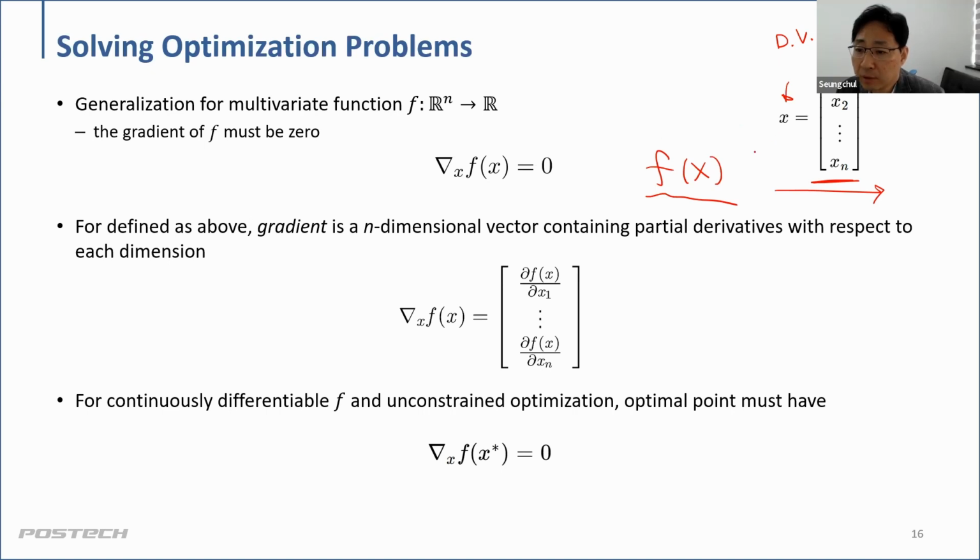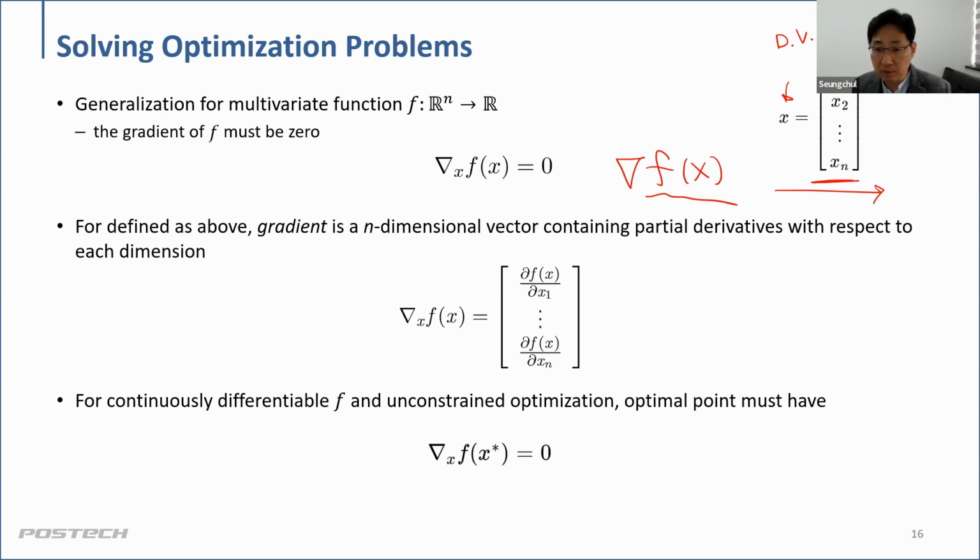If you have only a single variable, we computed the derivatives. But if we have more than one, like 2 or 3, or an n-dimensional space, the similar concept of derivative is the gradient. We have to calculate the gradient of the multivariate objective function.